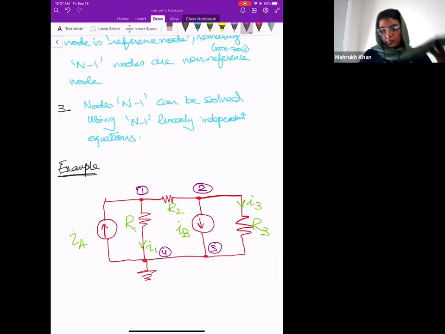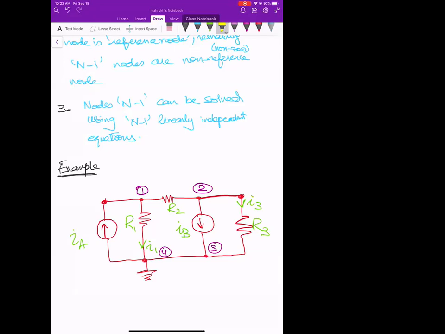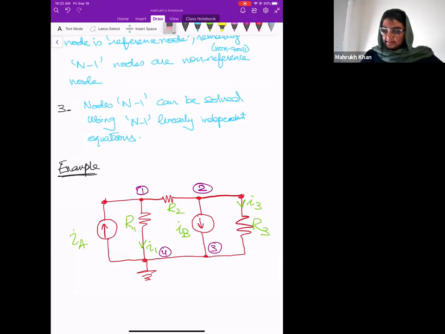Yeah. So you cannot make these nodes, because they are connected to the same wire, so they have the same voltage. So there are 3 nodes.